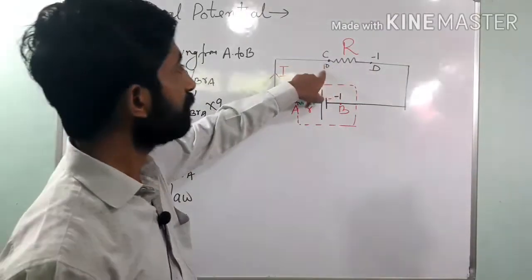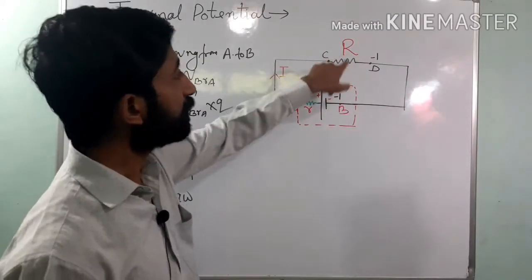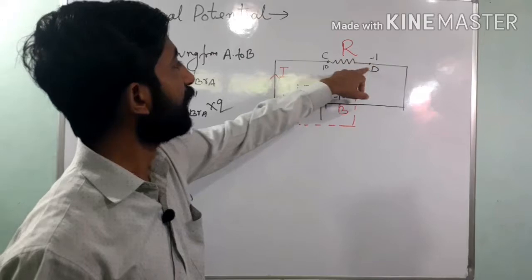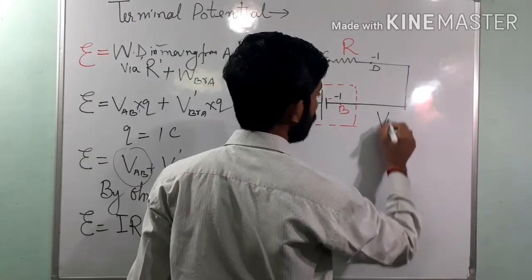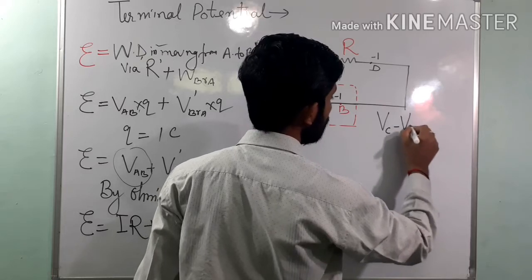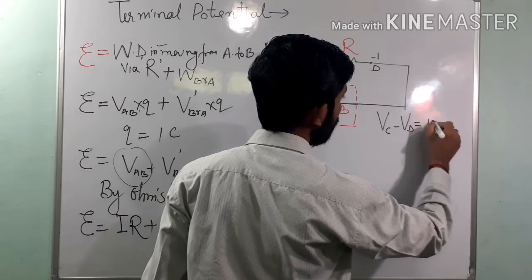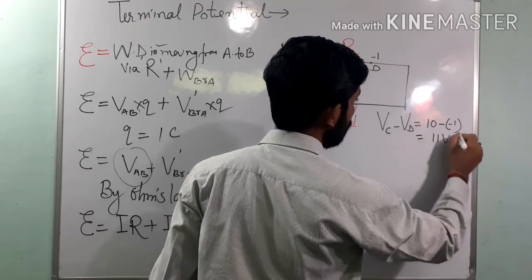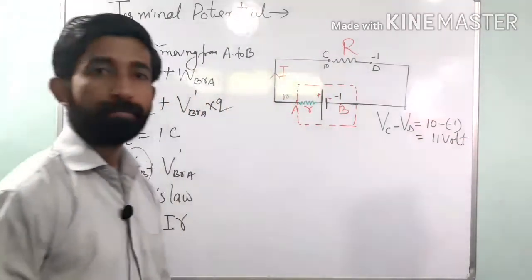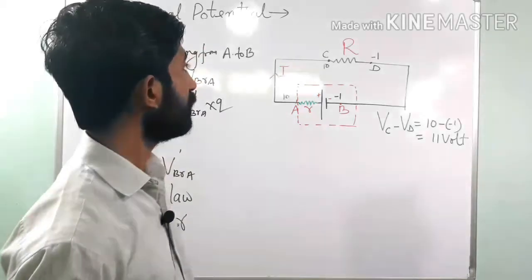So the potential difference across the ends of the resistance, that is C and D, is given by what? V_C minus V_D, that is equal to 10 volt minus (-1), equals 11 volt. This is how we have to understand things.